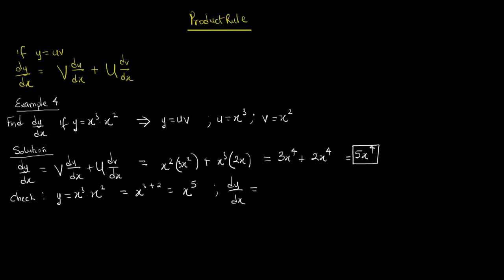Let's see. If we do that correctly using n minus 1, we're going to get 5x raised to power 5 minus 1, which is going to give us 5x raised to power 4. Of course, this is the same thing as what we just got. These two are the same. Okay, good. We've been able to prove that that works for sure.